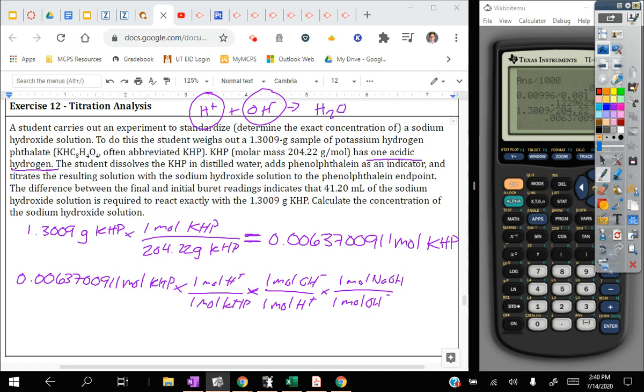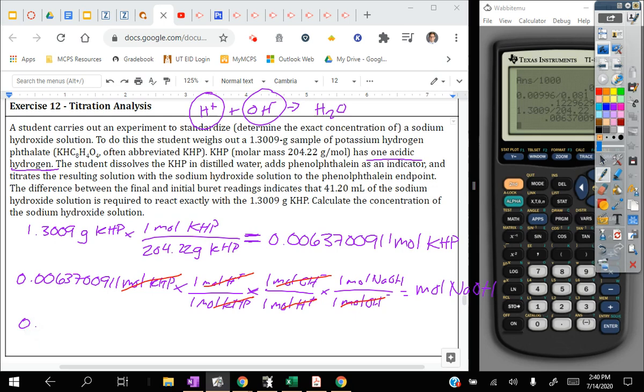Through this stoichiometry, I've canceled moles of KHP, moles of H+, moles of OH, and I'll be left with moles of sodium hydroxide in my final answer. You've noticed that all of these fractions are basically just multiplying by 1 over 1. So hopefully we recognize that our original answer of 0.00637000911 moles is equal to our moles of NaOH.